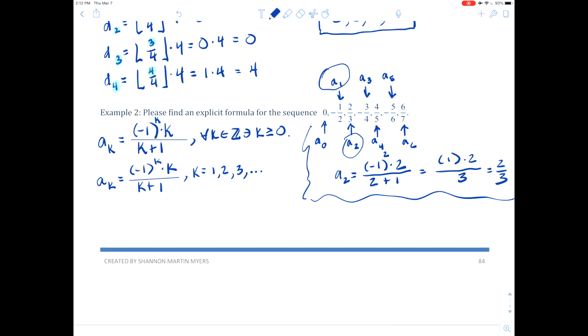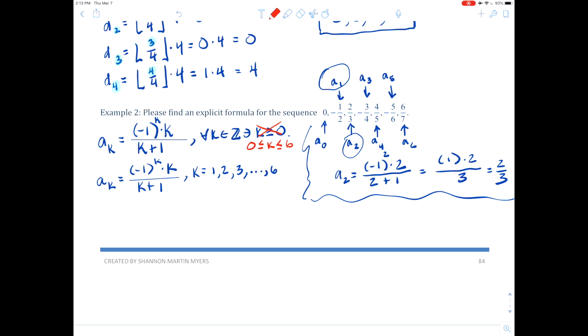And actually, what did I kind of screw up on? I mean, k is bounded, isn't it? Where does k stop? It stops at 6, right? So how do I have to change the one above? Instead of having k greater than or equal to 0, what do I have to say? K is an integer that is between 0 and 6 inclusive.